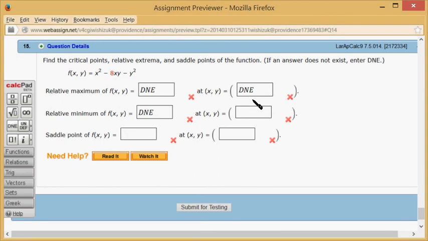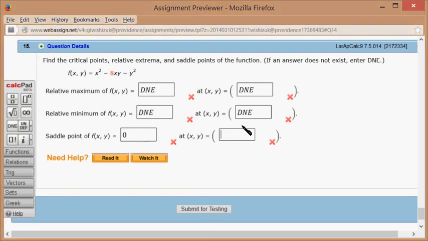And then we have a saddle point, where the value is 0, and a saddle point at the origin, 0, 0.